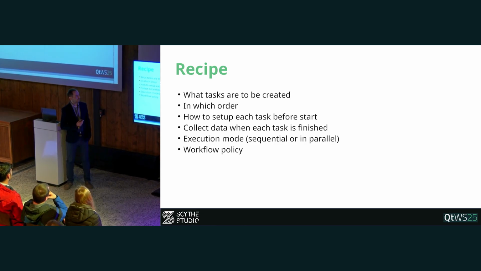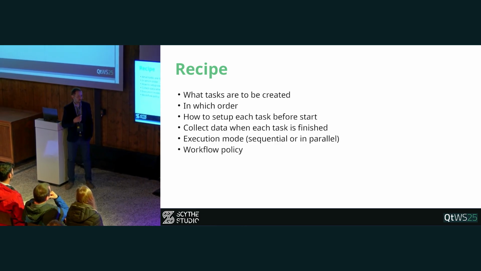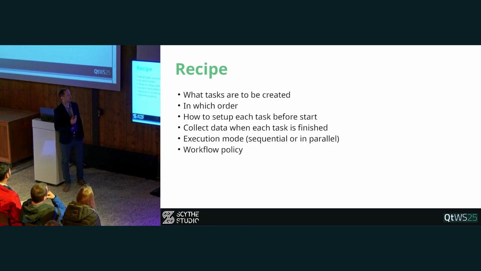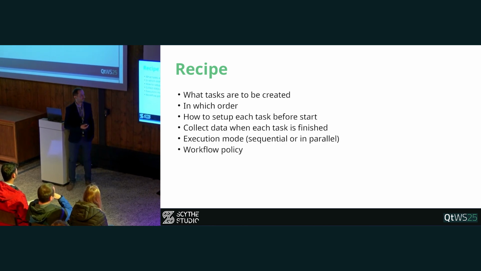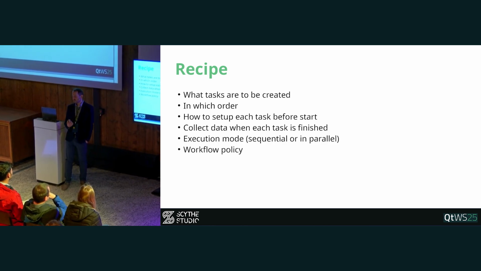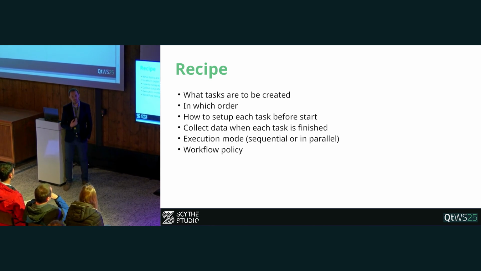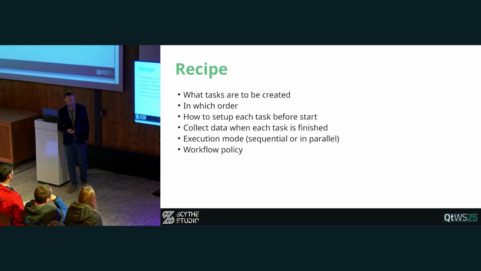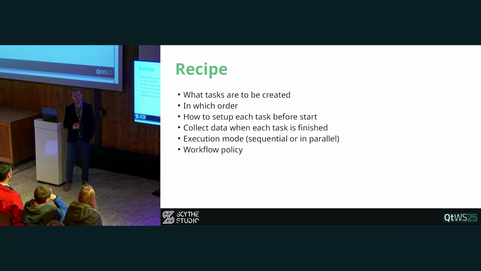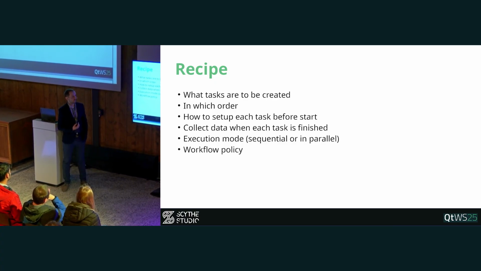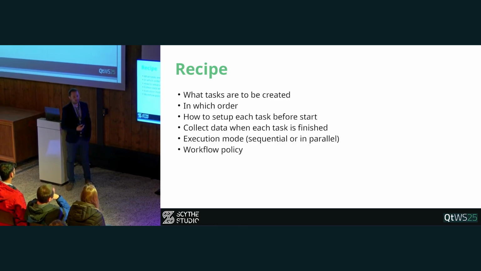As I said, this is a declarative way of describing asynchronous work, and the basic idea is that first you describe all the work to do, and this is done by creating a so-called recipe, which describes all the tasks, the order of the tasks, various details of each, how to set up each task, how to communicate data between those tasks, and what to do in case of errors.